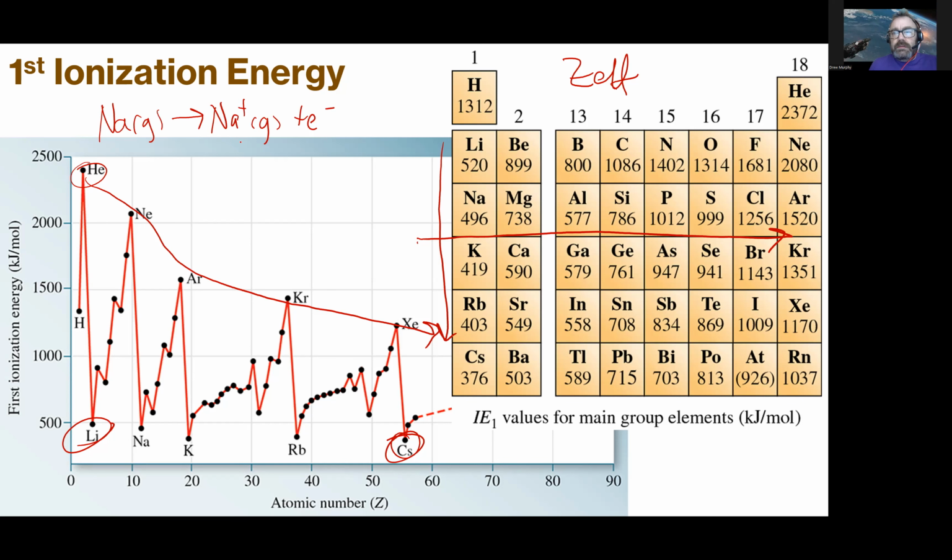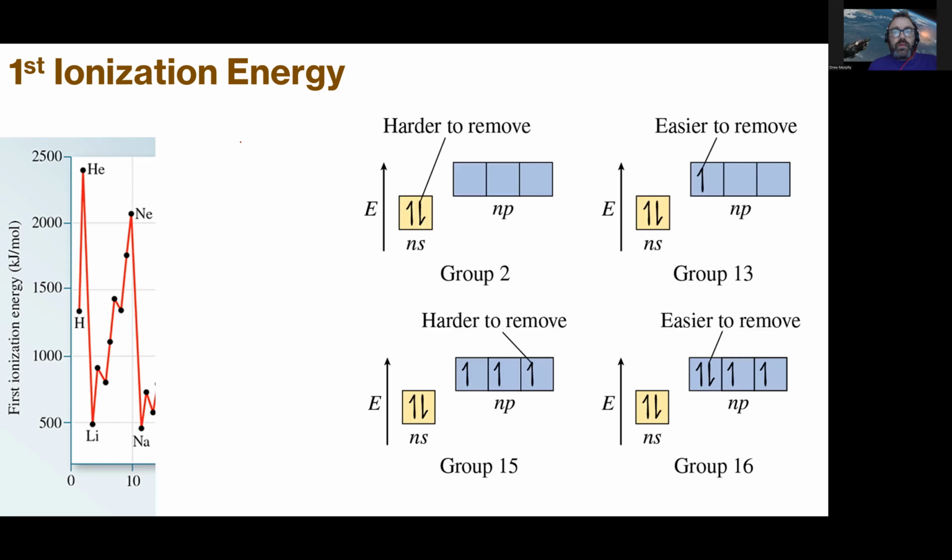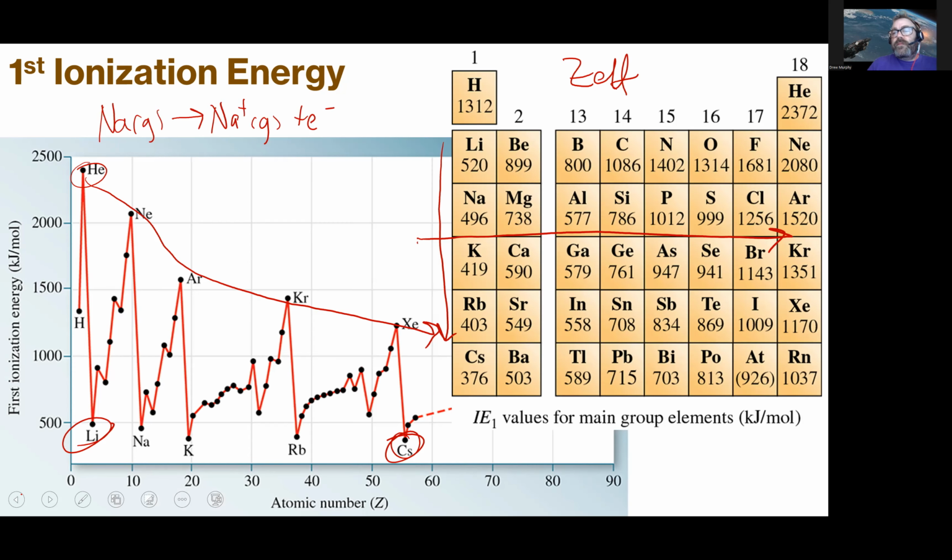Going across the period, the trend is that it should increase as you go across. And it does that, right? Effective nuclear charge. But if you look, there's a couple of spots in here where it's kind of not holding true. So like here you can see them, and here you can see it.